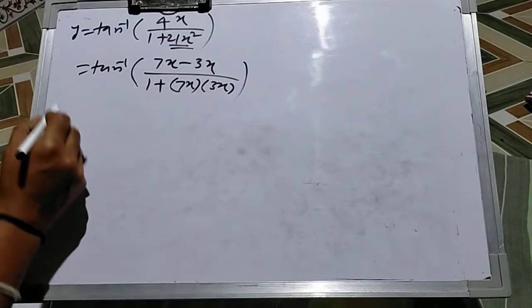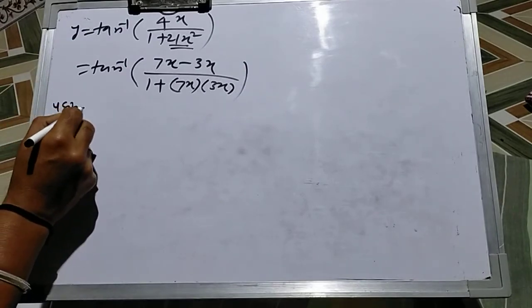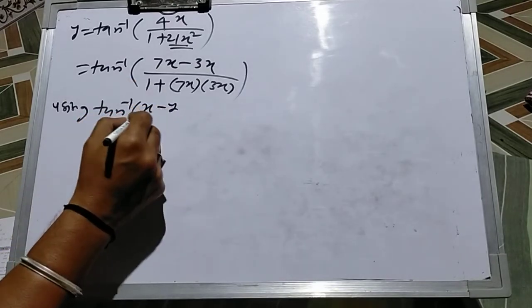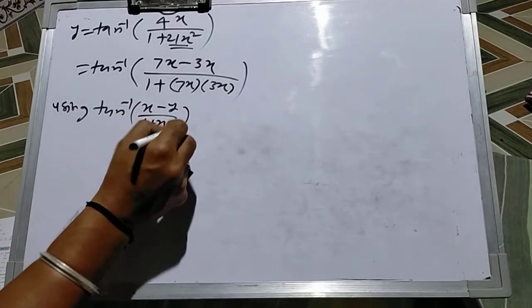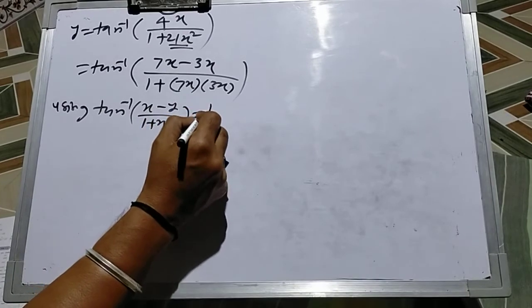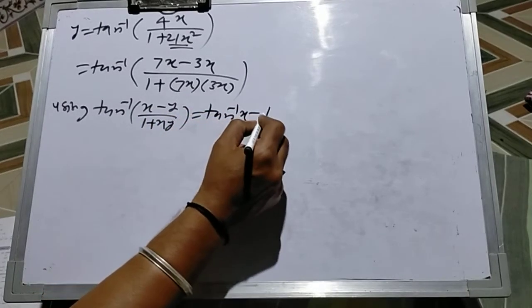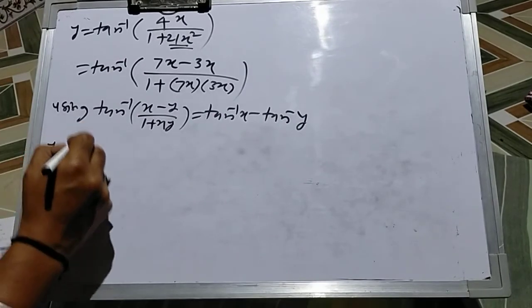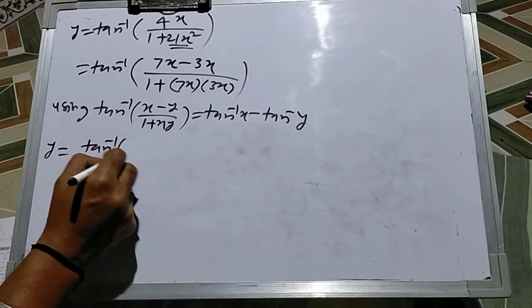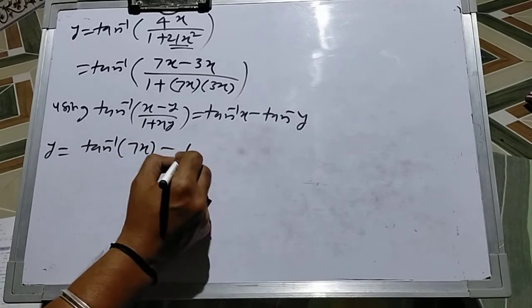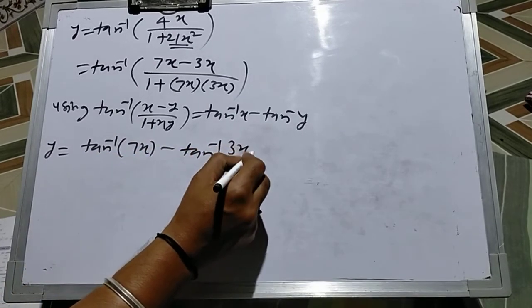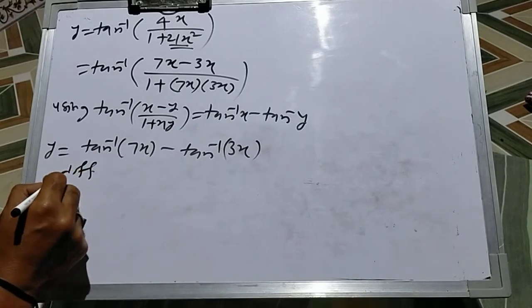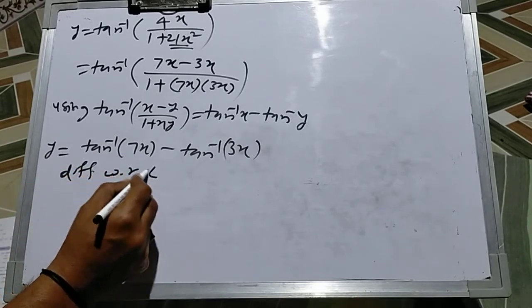So using tan inverse of (x minus y) divided by (1 plus xy) equals tan inverse of x minus tan inverse of y, y equals tan inverse of 7x minus tan inverse of 3x. Differentiate with respect to x.